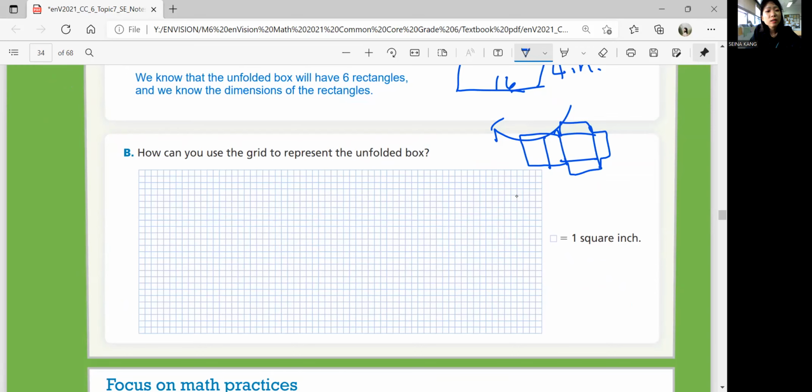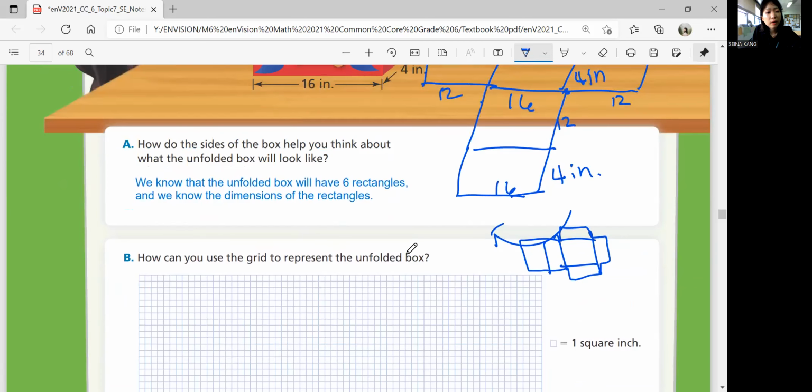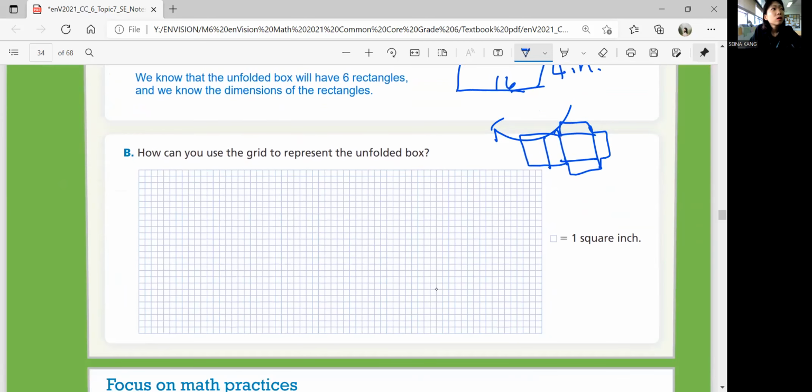So let's start with the base, 16 by 4. So let's count. 1, 2, 3, 4, 5, 6, 7, 8, 9, 10, 11, 12, 13, 14, 15, 16. 16 by 4 inches. 1, 2, 3, 4.